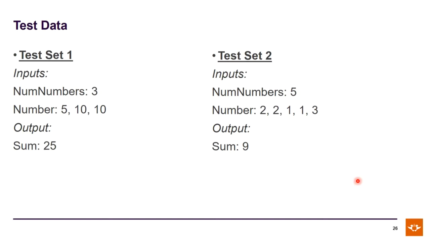So let's take a look at that. You've got first test set inputs. You input 3 numbers. There's the numbers I want to add in. And then you'll see that I've got the sum is equal to 25. So in other words, how will I use the first test data set in my testing?